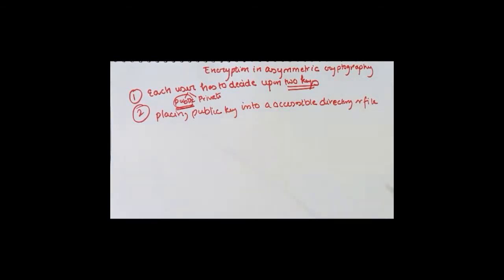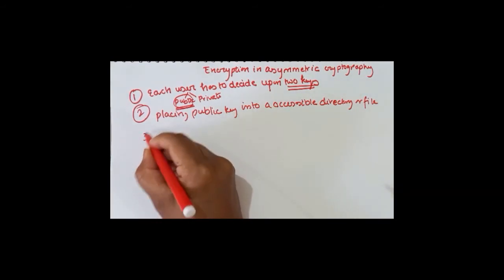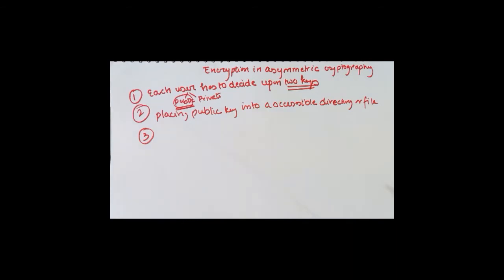Moving on to the third step. If someone wishes to send a confidential message to someone else, what will the sender do? The sender will encrypt the message using the receiver's public key. What do I mean by this? Suppose you want to communicate to me.